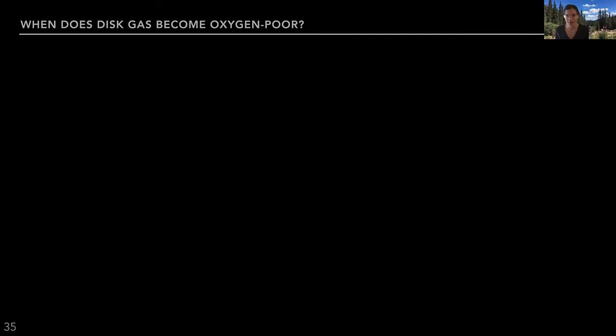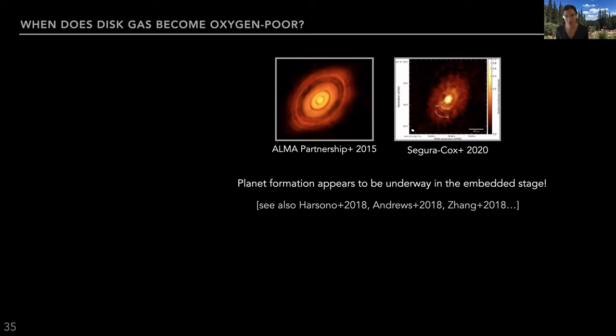All right, so this then leads to the question of when does the disk gas actually become oxygen poor? When does this distinctive reducing chemistry emerge? So this is especially important to address in light of growing evidence that planet formation seems to be already underway in the early disk stage. So this is perhaps some of the more beautiful representations of the early planet formation, where you can see that these very dramatic rings and gaps in the millimeter dust are already present in disks that are embedded in their parent envelope.